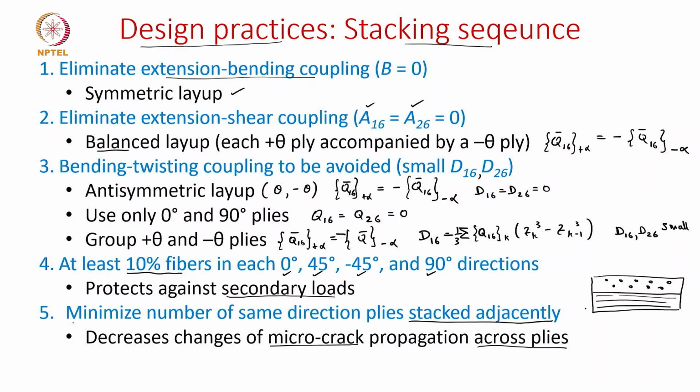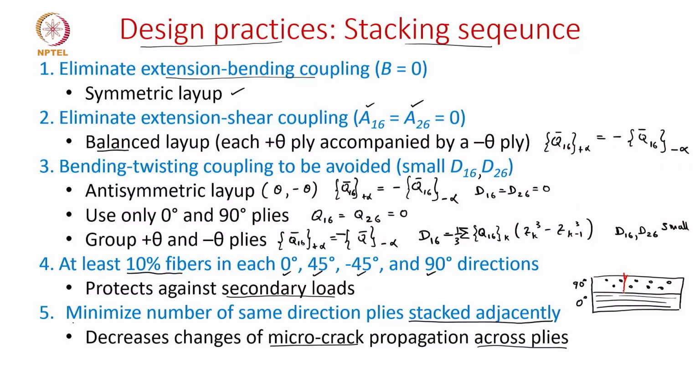For the moment, let's say in the bottom layer the fibers are at 0 degrees, and at the top layer they are at 90 degrees. And now in the top layer, let's say there is a crack which is propagating.